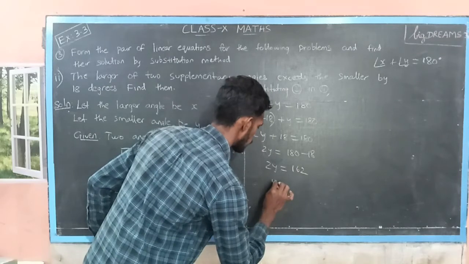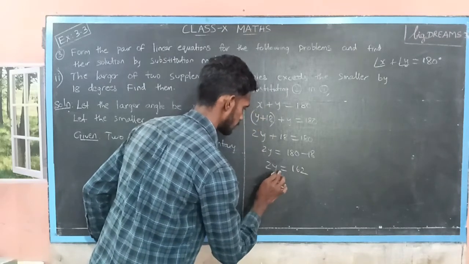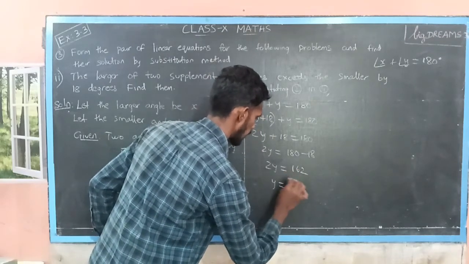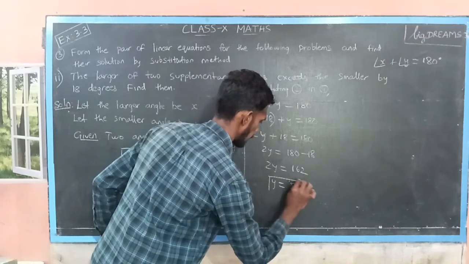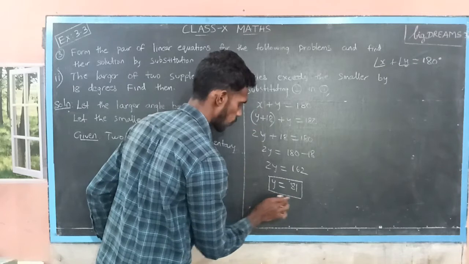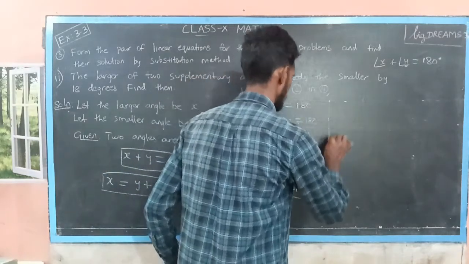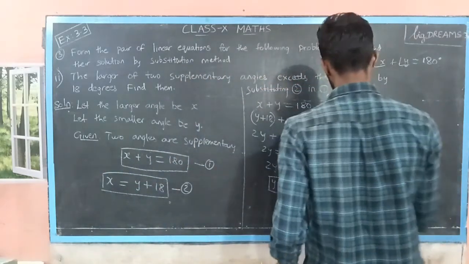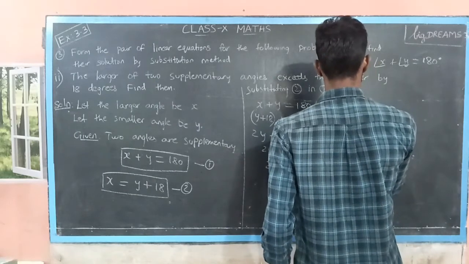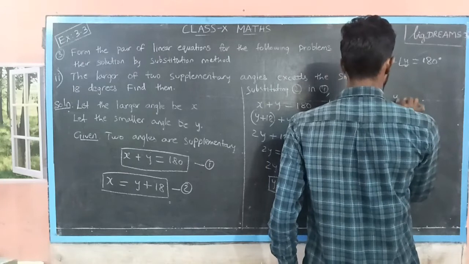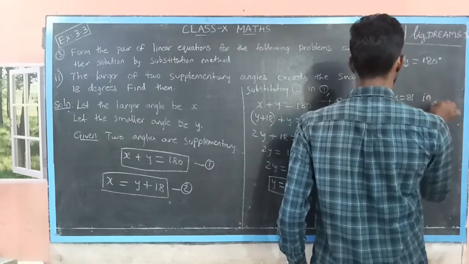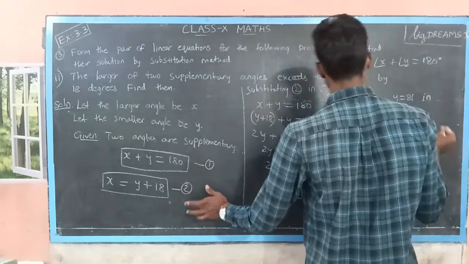2y is equal to 180 minus 18 gives 162. Okay. So the y is 162 divided by 2 gives 81. Okay, the value of y is 81. Then substituting y is equal to 81 in condition number 2.